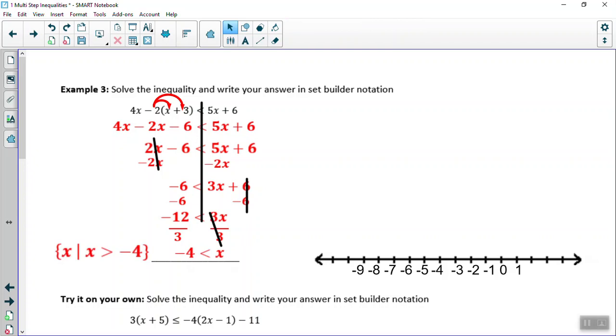Since it's just greater than, it's not or equal to, then we have an open circle. And then we need all the values that are greater, so that means we have to go to the right. So no line underneath means open circle, and then we're heading to the right.